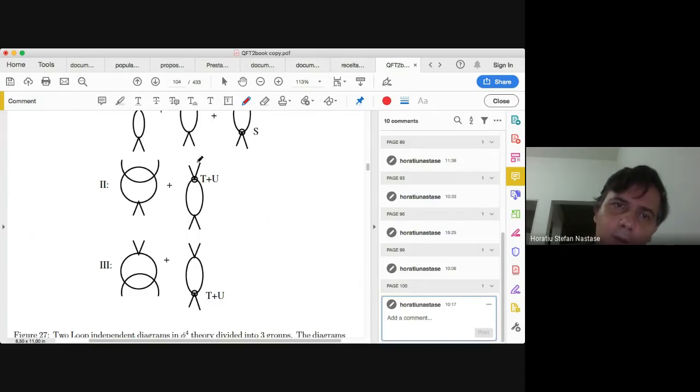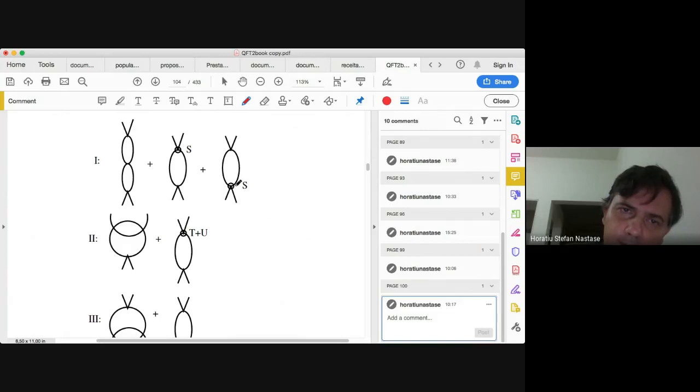And now we had two diagrams with counterterms, but we split the counterterms into S and T plus U. So there was this diagram, and we split it into S and T plus U. And there was this diagram, and split it into S and T plus U.